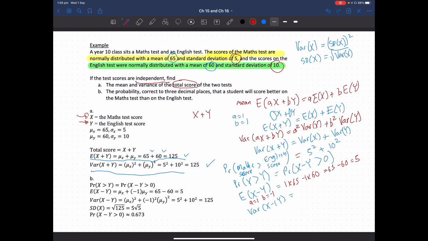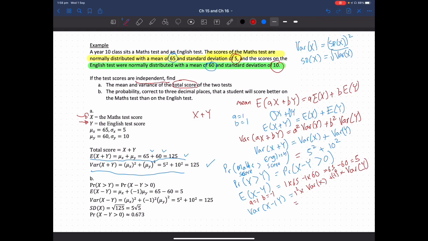So 1 squared, which is 1, times the variance of x plus negative 1, so minus 1 squared gives us a plus 1 when we square negative 1, times the variance of y.